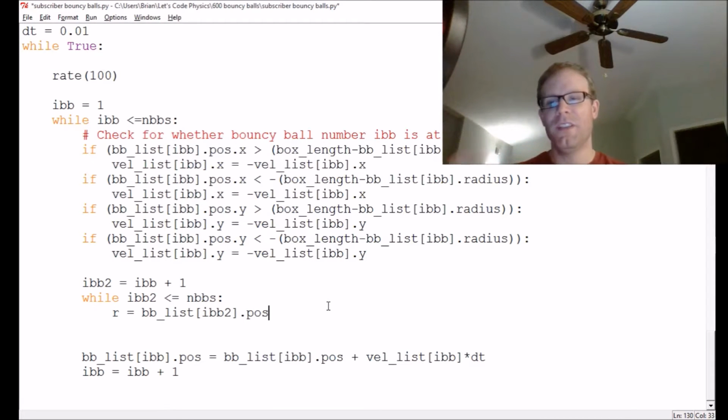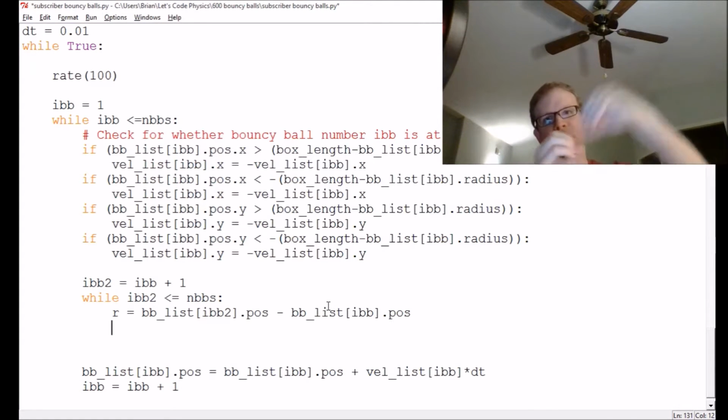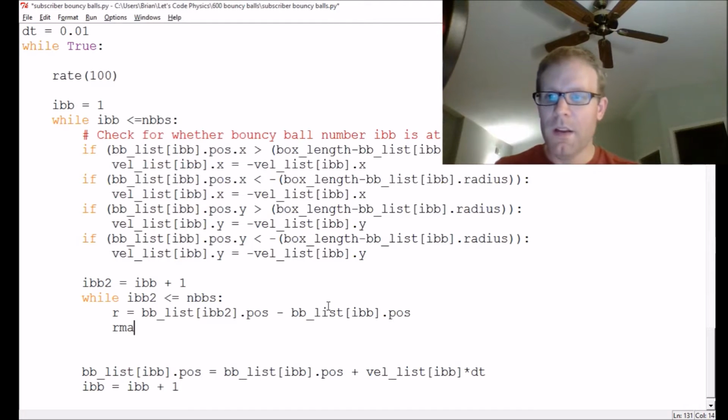So r is the position of the second bouncy ball minus the position of the first bouncy ball. Oops, there should be a dash, not an underscore. There we go, iBB dot position. Cool. So this r is now a vector that describes the relative position between the two bouncy balls. We need the magnitude of that vector, so we are just going to take the magnitude of r.